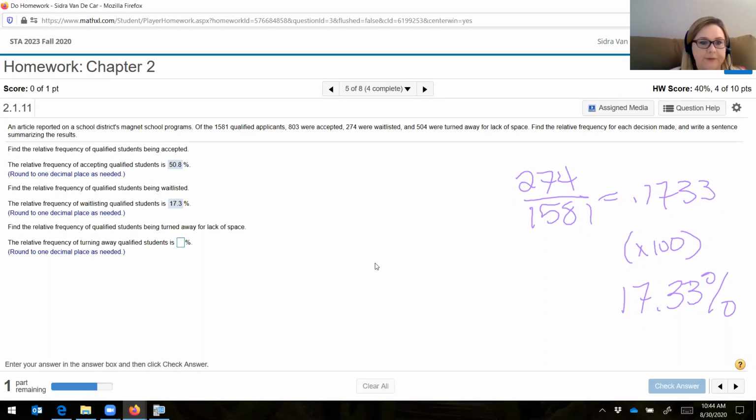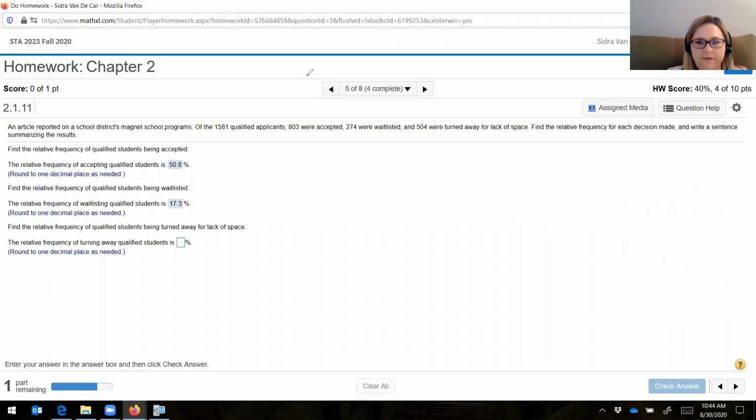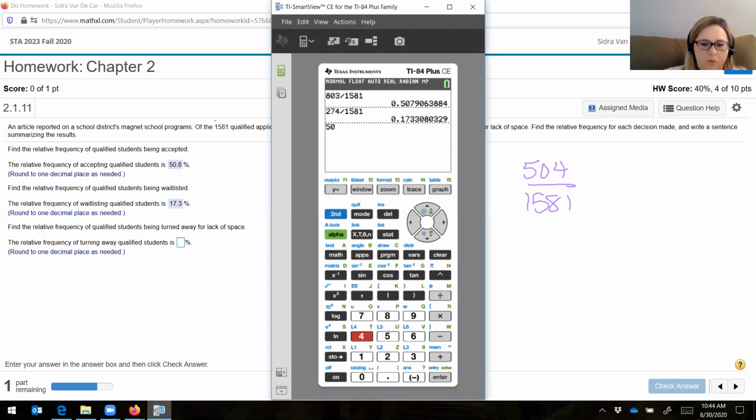Find the relative frequency of qualified students being turned away for lack of space. Turned away for lack of space is 504. So I'm going to do 504 out of the total 1581. So let's go ahead and calculate that. 504 divided by 1581. And we get 0.31878.